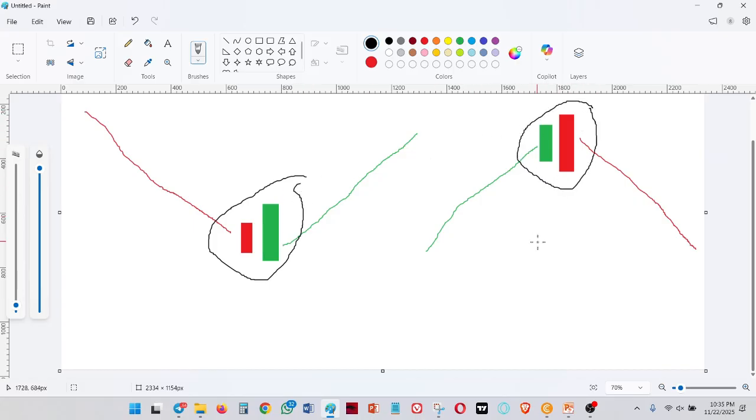Rule number one is that the candle on the right should be bigger than the candle on the left. Am I correct? Then rule number two: in a bullish case, the bigger candle should be green. In a bearish case, the bigger candle should be red.